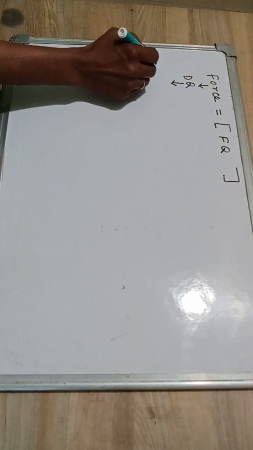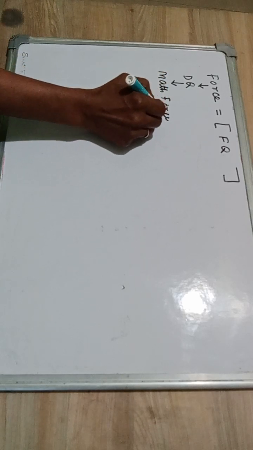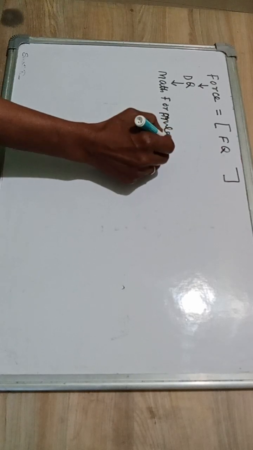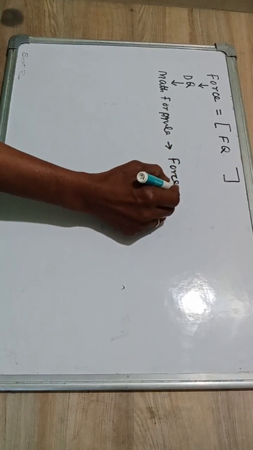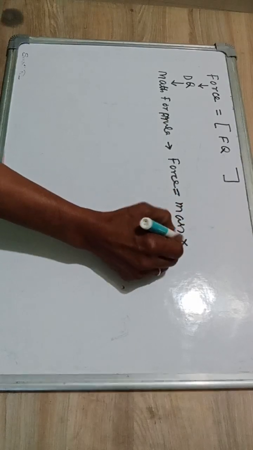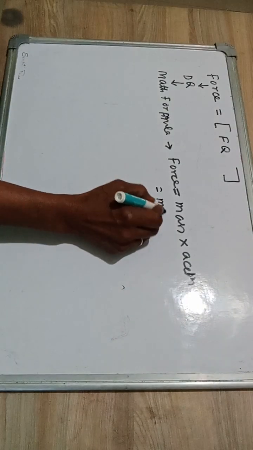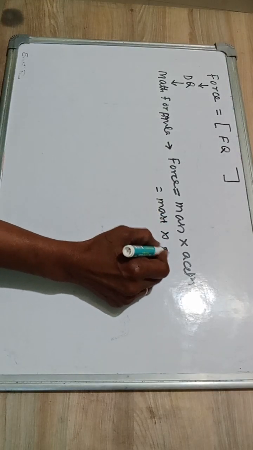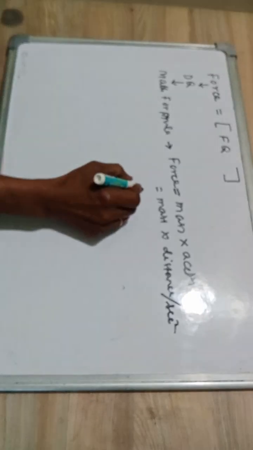We should know its mathematical formula. The mathematical formula of force is mass multiplied with acceleration of that moving object. That is mass into distance per second square.